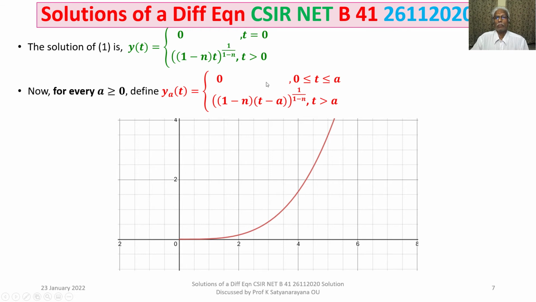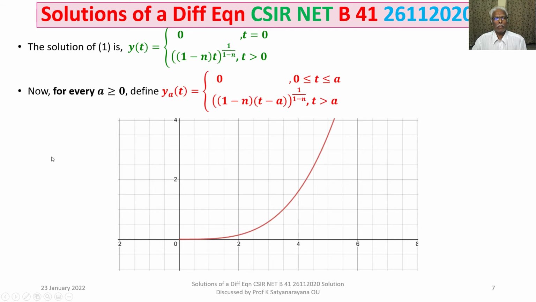You also note down that when a is 0, this is y(t). When t is shifted a units to the right, then this is the curve. This is only a shifted curve. Now, we are not saying this shifted curve is an integral curve, but we are going to show that it is an integral curve. So this is the original one.